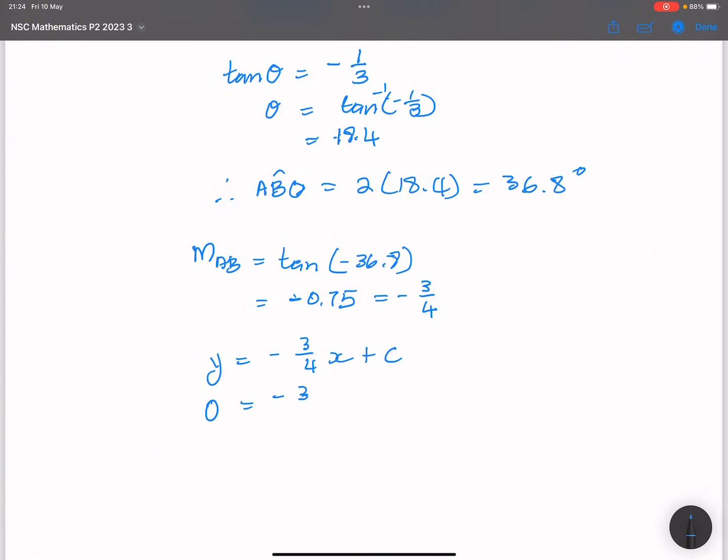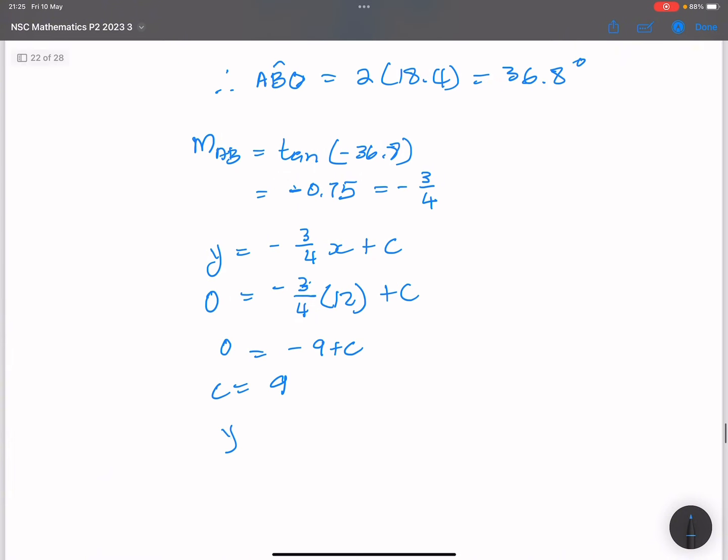So 12 times 3 over 4 would give us negative 9, right? So therefore c is equal to 9. And if we want that equation, this will be y is equal to minus 3 over 4x plus 9.